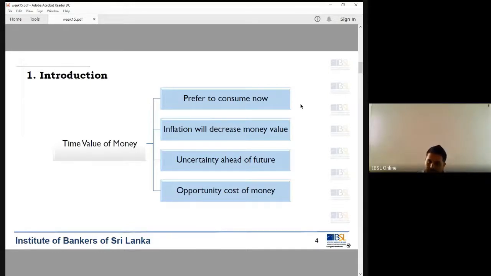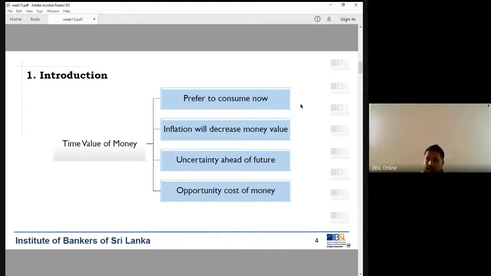Third point, uncertainty ahead in the future. If you get the 1000 rupees now, you're happy, but if you want to get the 1000 rupees in 7 months' time, you have to wait approximately 210 days. So 30 days into 7 is 210. Within 210 days, a lot of things can happen. Your domicile's economy may be affected by some unavoidable circumstances.